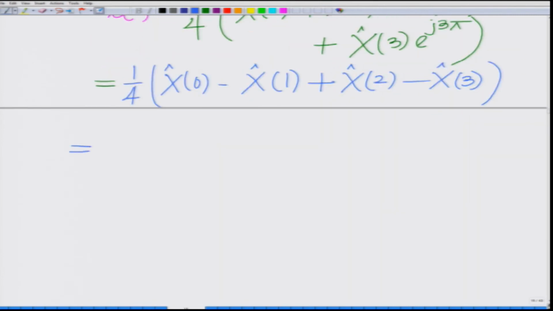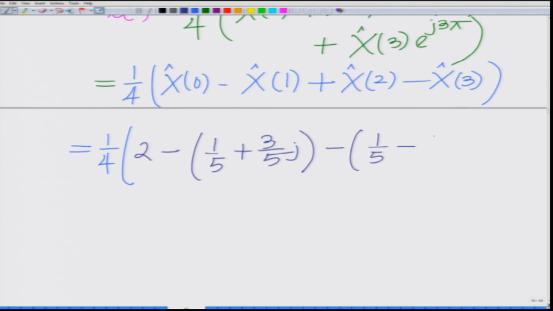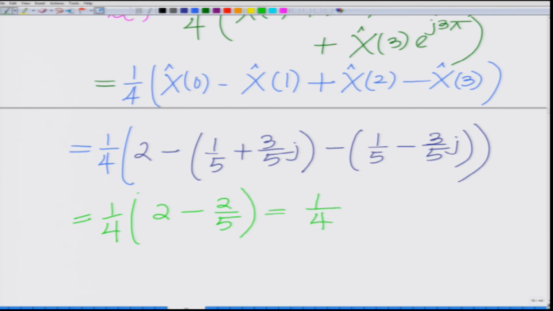which is equal to basically 1 over 4 times 2 minus 1 by 5 plus 3 by 5 j minus 1 by 5 minus 3 by 5 j, which is equal to 1 over 4 times 2 minus 2 by 5, which is 1 over 4 times 8 divided by 5, which is equal to 2 by 5.